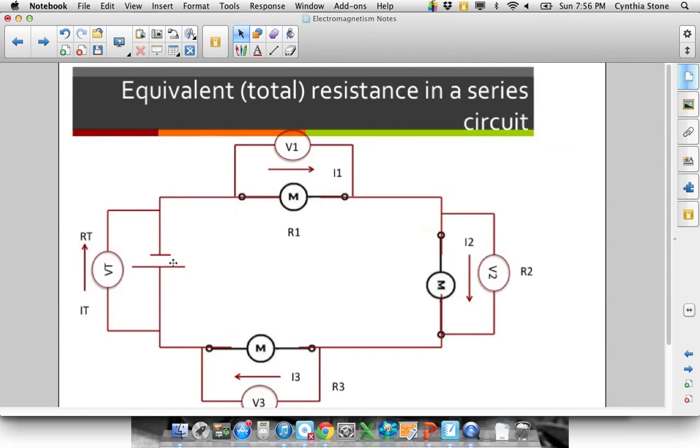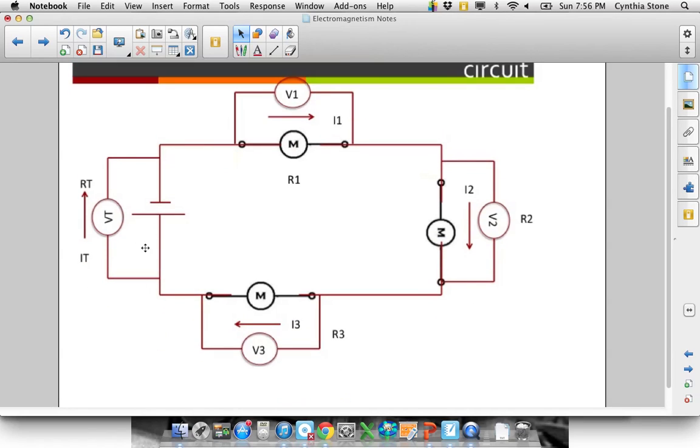Now looking at resistance. Resistance is, remember, how much each load slows down the current, and then the equivalent resistance or total resistance, use either term, is sort of the total for the whole circuit. You can't say just add up, but it's sort of how much every amp is slowed down.